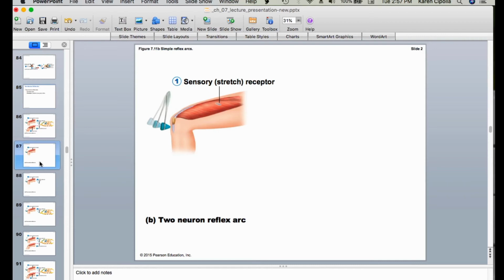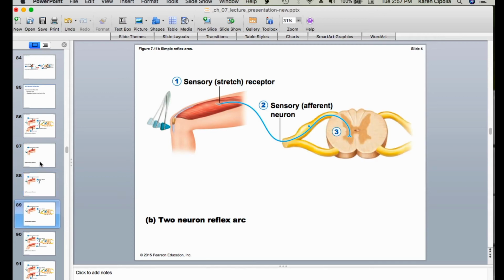It causes the receptors in your muscles, your stretch receptors, to sense a change. They send the message through the afferent neuron into the spinal cord. Now, this only has 2 neurons to it, so this is the simplest, most basic type of reflex arc there is because it's not involving a 3rd neuron.